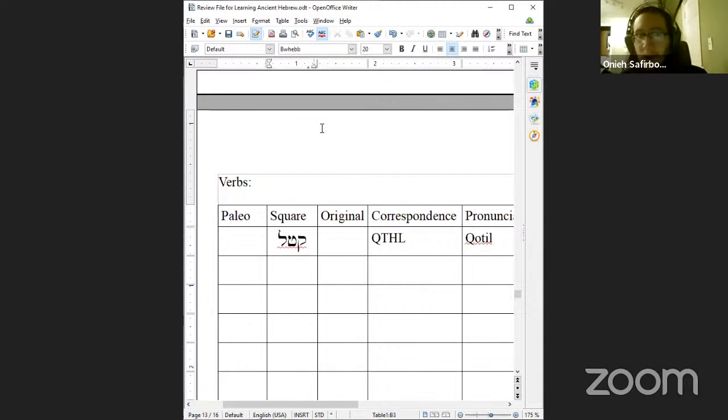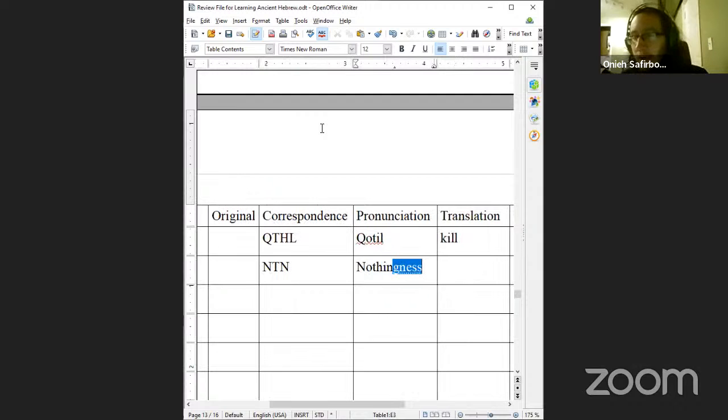Then we've got another verb that's to give. It corresponds with Natan. So give.